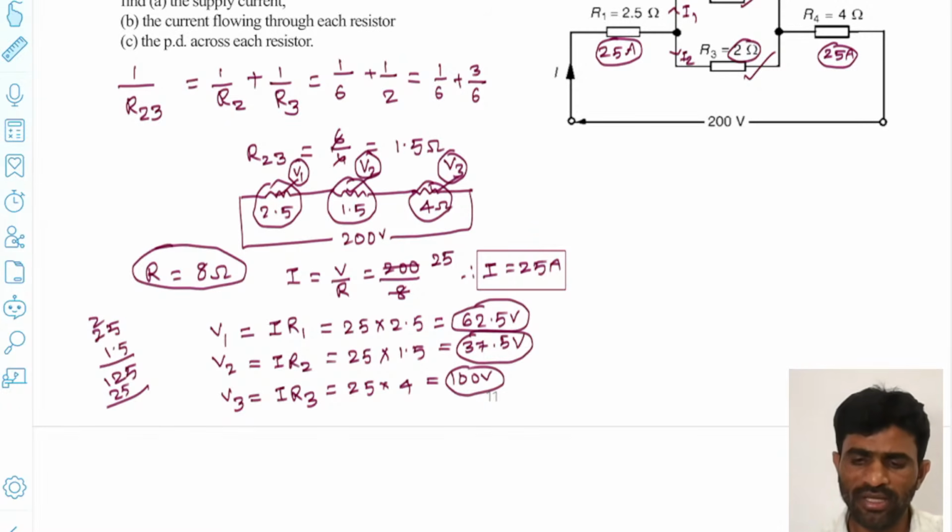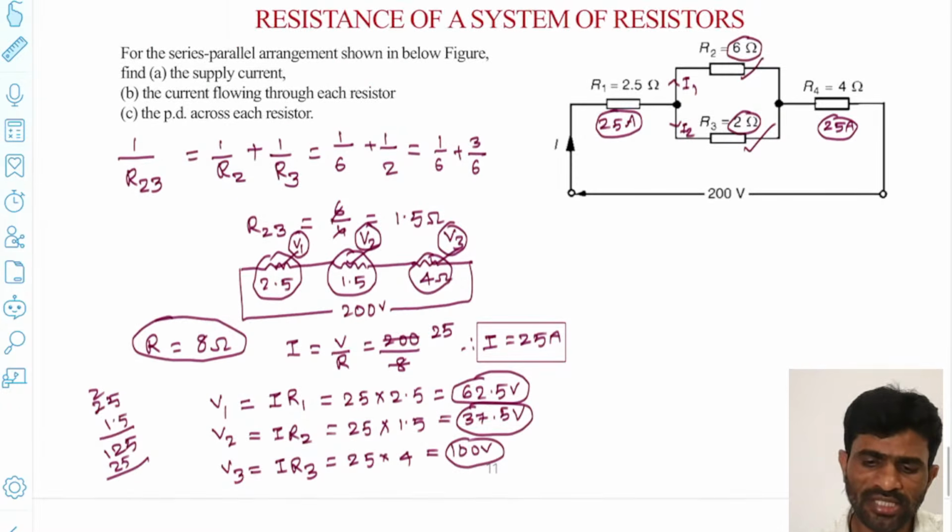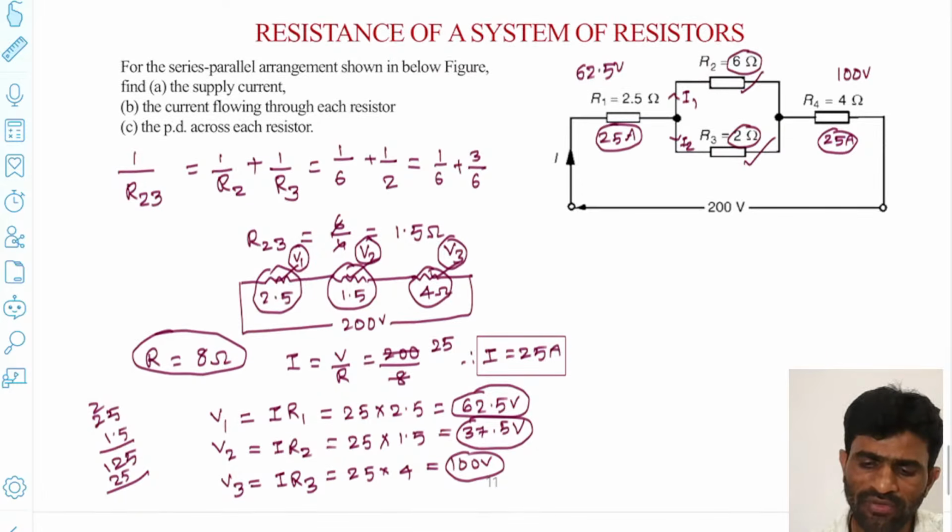Now in the figure, see here it is 62.5 volts, here it is 100 volts, but across these two, because they are connected in parallel, here it is 37.5 volts, and here also 37.5 volts.